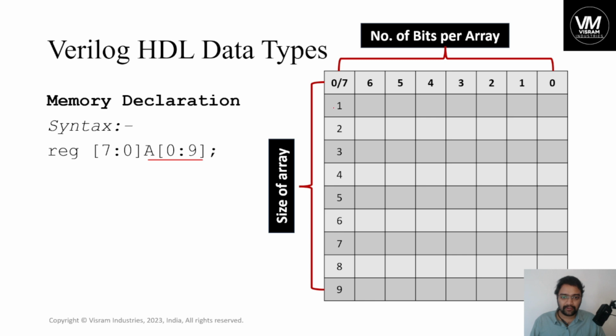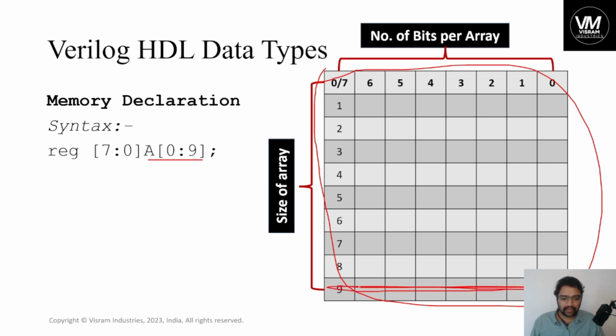For example, if you are taking 1 kilobyte for each row of data and you are taking 10 rows, that is 10 KB. If each entire row of data is 1 KB, now these entire 10 arrays will be 10 KB of memory. Understood, guys?